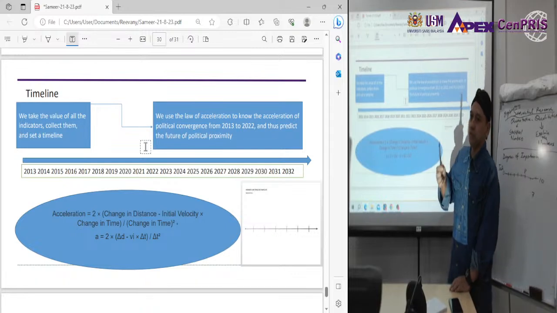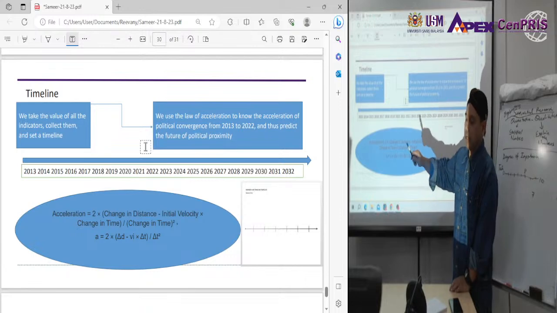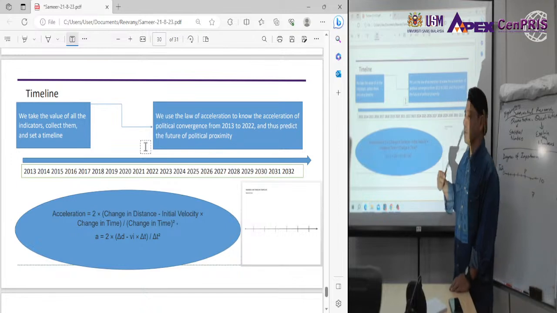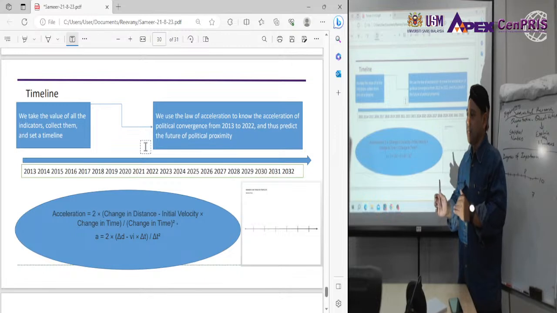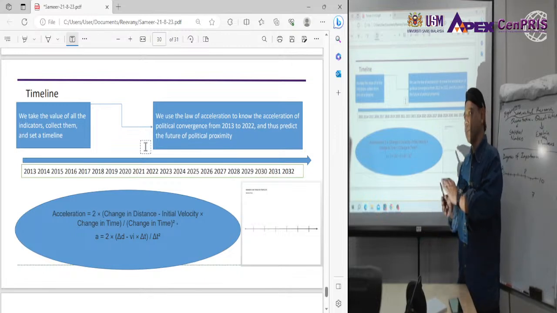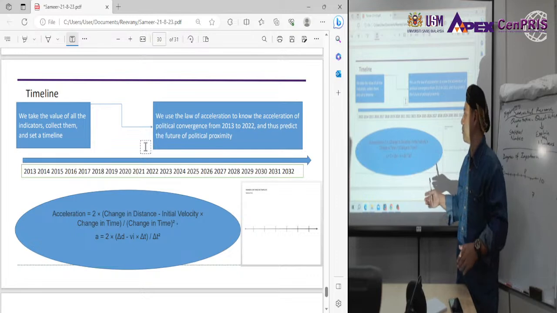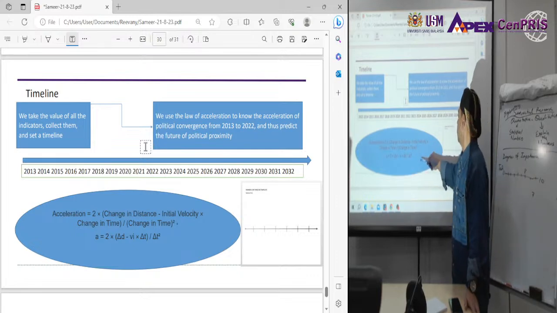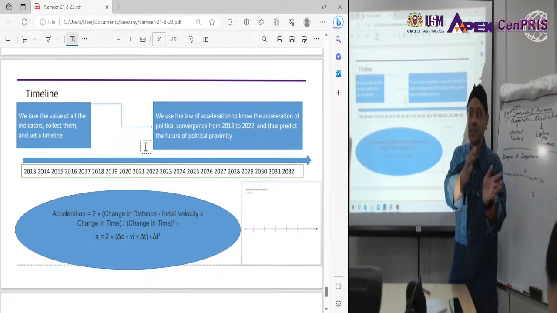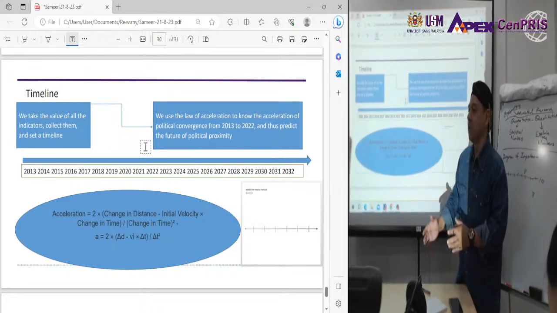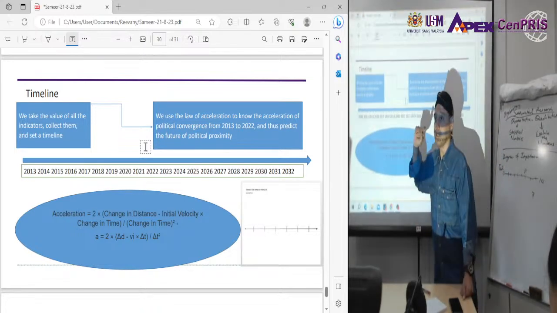Here, remember we use the words charting possible futures, instead of predicting. When you say predict, it becomes deductive research. Charting is just explaining possible things. So this is possible future acceleration. The acceleration can be 3, or it can be 4, so that can be a different scenario. Or whenever there is COVID, maybe acceleration becomes 0.